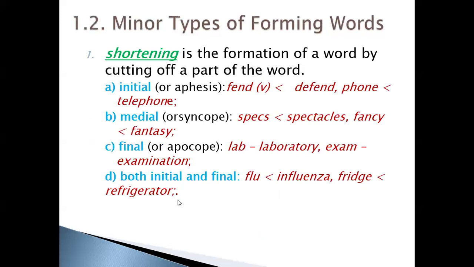Shortening is the formation of a word by cutting off a part of the word. The first variant is initial, or aphaeresis. For example, fend from defend, phone from telephone. The second variant is medial, or syncope: specs, spectacles; fancy, fantasy.